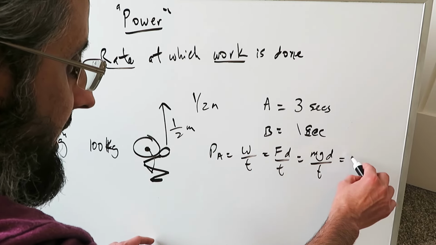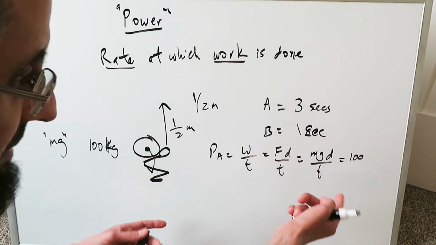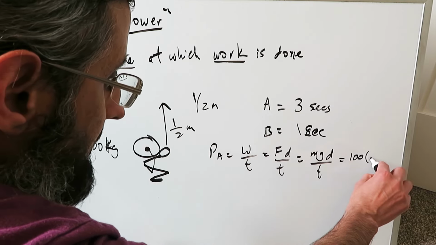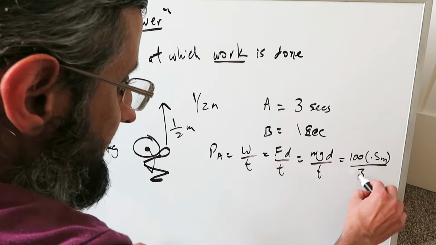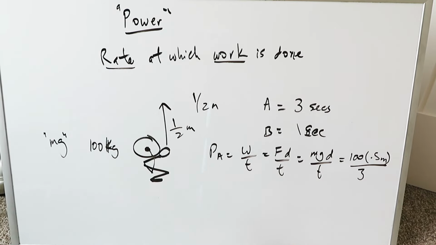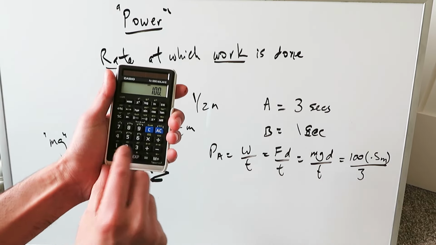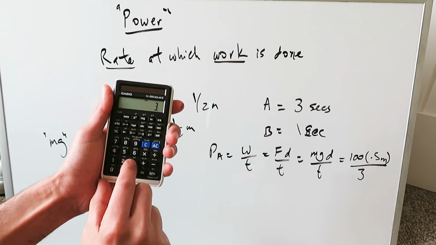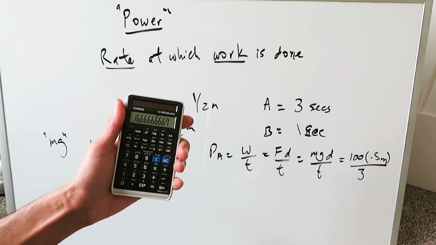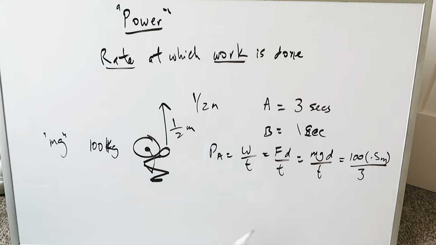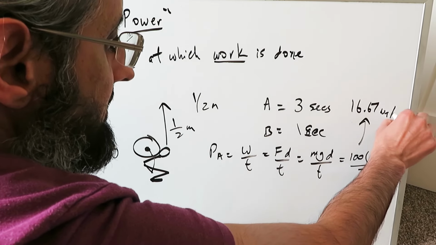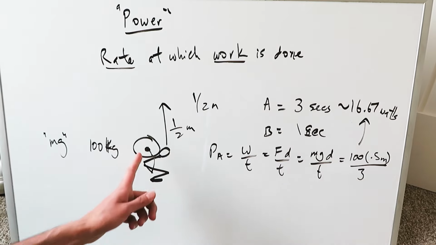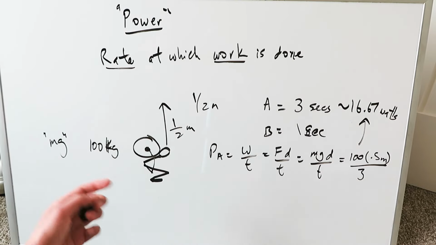You're going to keep everything in kilograms and multiply by 0.5 meters, and divide by time, 3 seconds. When I do that calculation, what am I going to get? I'll get 100 times 0.5 divided by 3. I'll get 16.66, or we can say 16.67 watts. This person has a work being done at a rate, and it's 16.67 watts.